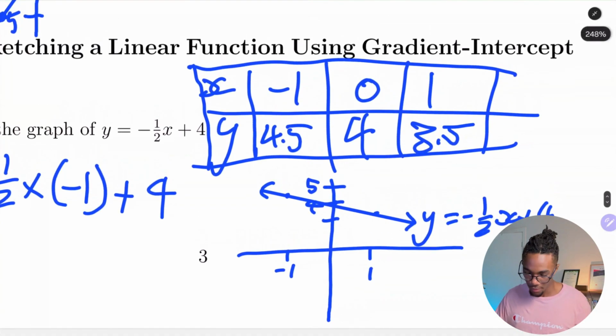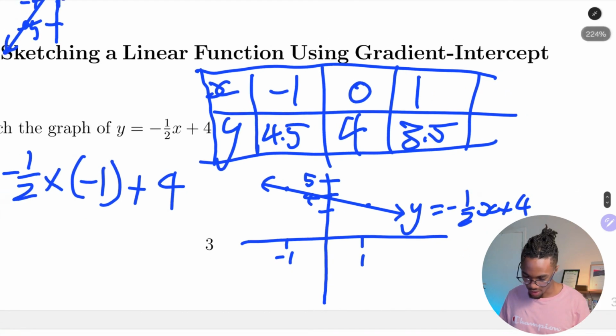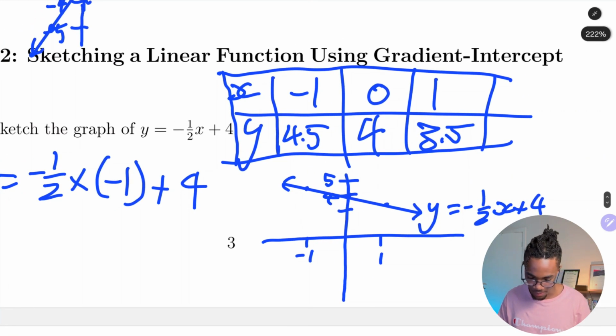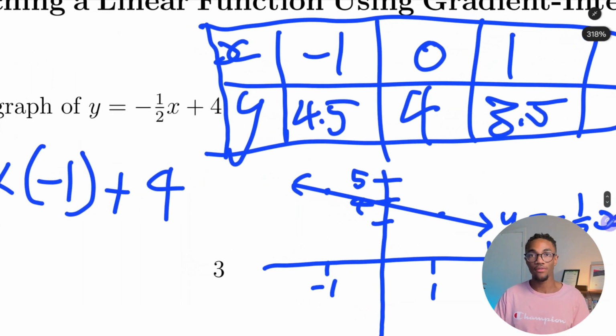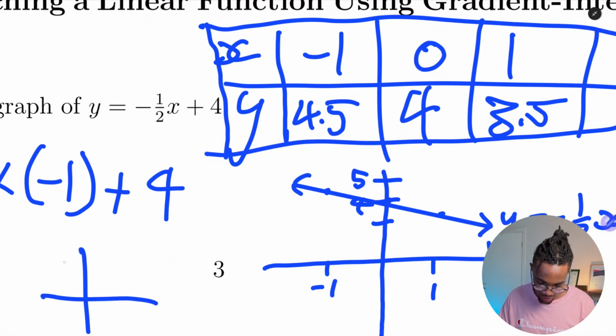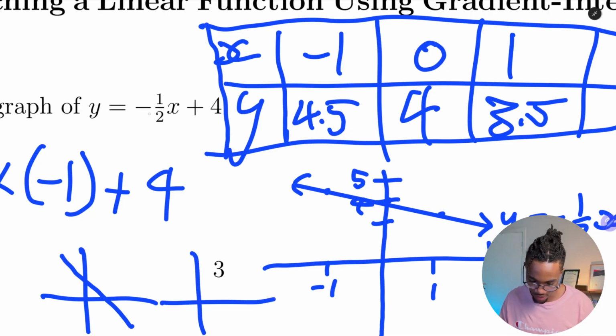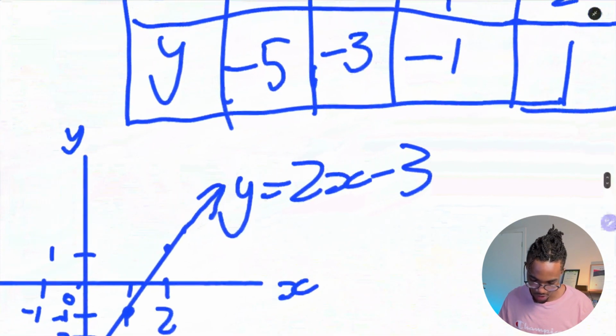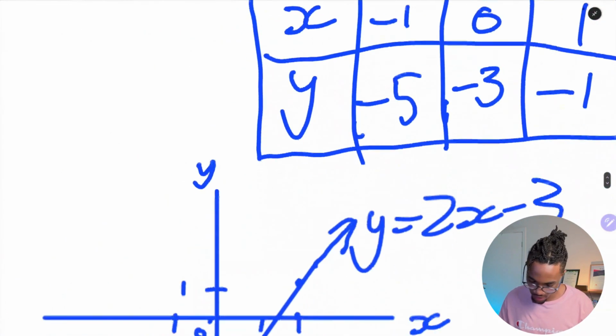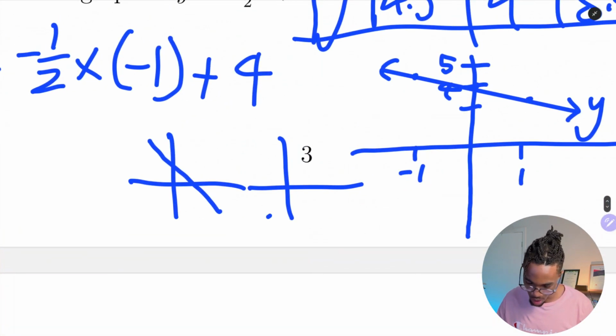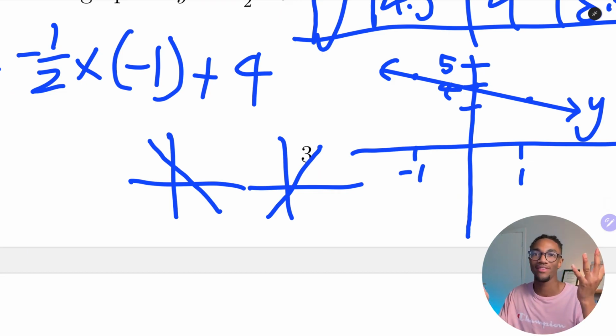One thing you should notice with this is that this gradient, if it's negative, it means it's sloping downwards. So a negative gradient is going to go like that. A positive gradient, for example, up here we have 2x, is going to slope upwards like that, up to the heavens, positive heavens.